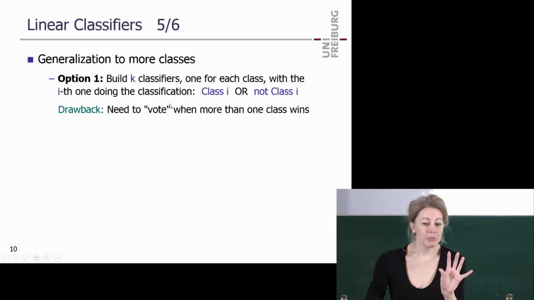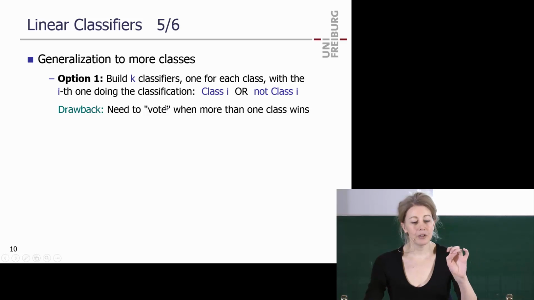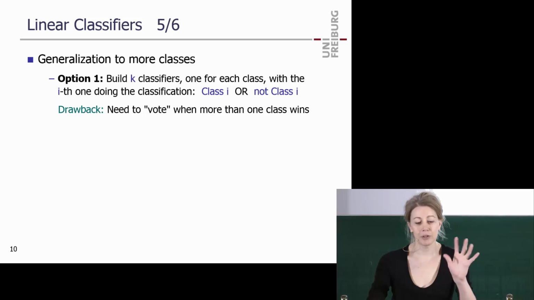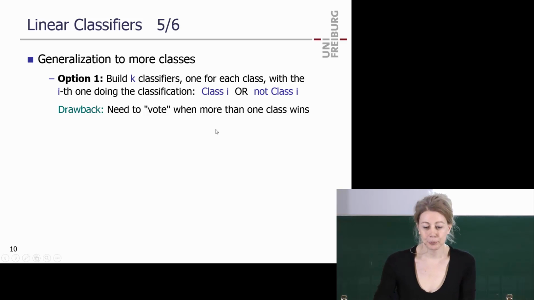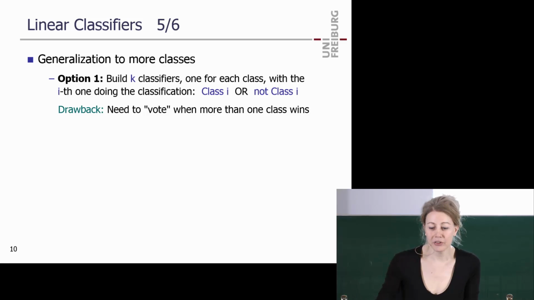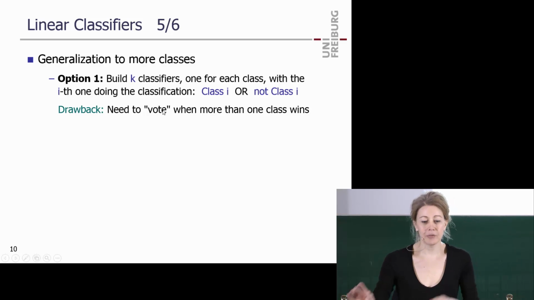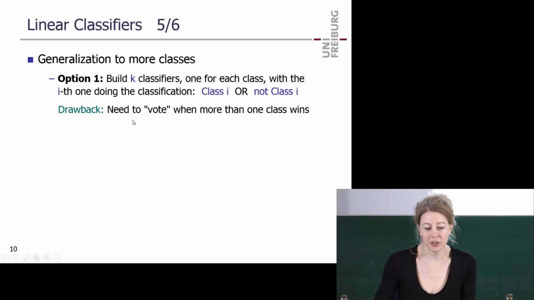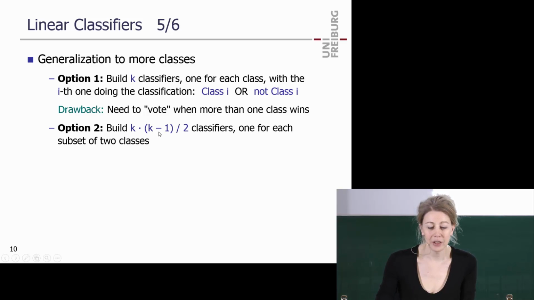Now, of course, you have the problem that maybe the comedy versus non-comedy classifier says comedy and the thriller versus non-thriller classifier also says thriller. And now you have to pick maybe by the stronger signal. Voting is, I think, not quite the correct word, but I guess you know what I mean. When two classifiers shout it's me, then you have to take the one which gives the stronger probability.